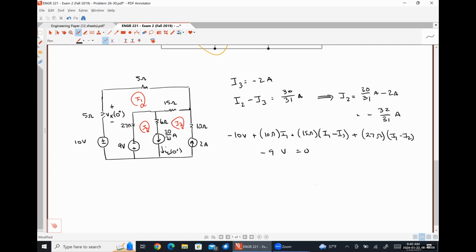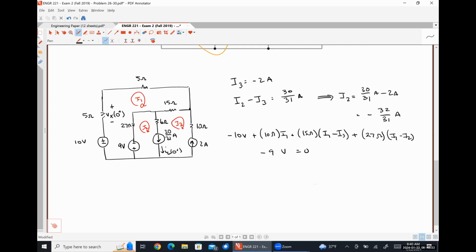In my first equation, my coefficient for I1 is 0, for I2 is 0, for I3 is 1, and my constant term is negative 2. In my second equation, my coefficient for I1 is 0, for I2 is positive 1, for I3 is negative 1, and my constant term is 30 over 31.